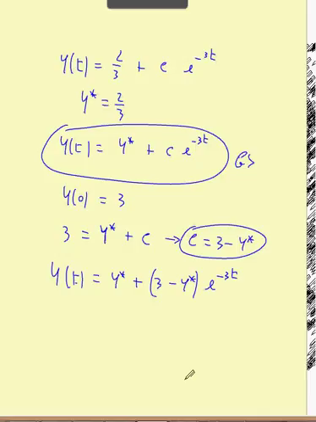If you change the initial condition, y of 0 is equal to 0, in this case the particular solution becomes 0 equal to y star plus c.